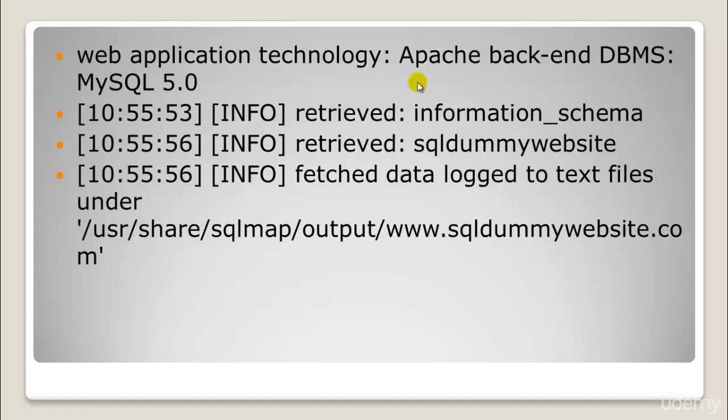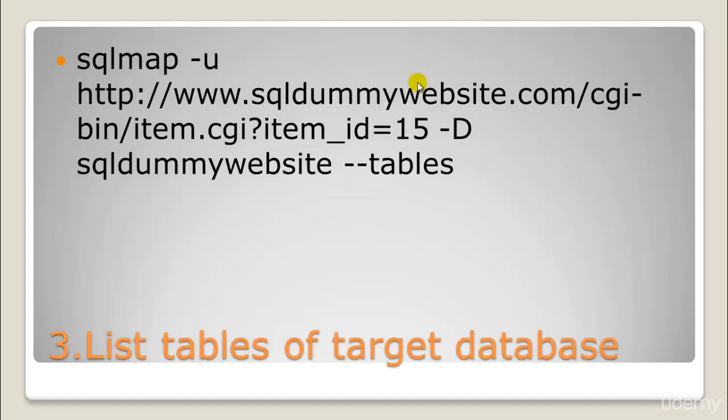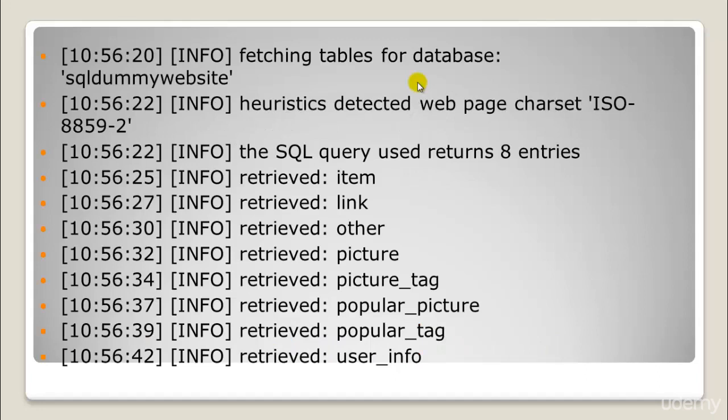So let's go ahead and list tables of the target database using SQL map SQL injection. Now we need to know how many tables this SQL dummy website database has and what their names are. To find the information, we'll be using another command: sqlmap -u http://dummywebsite.com/cgi-bin/item.cgi?15, but after that I will be typing -D SQL dummy website --tables. This will get us these 8 different tables.